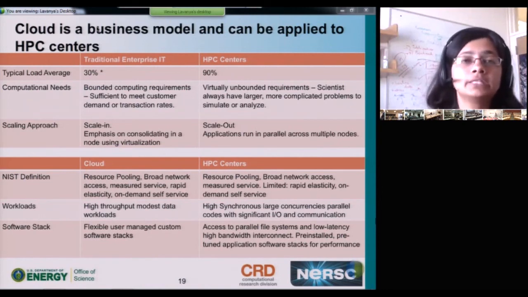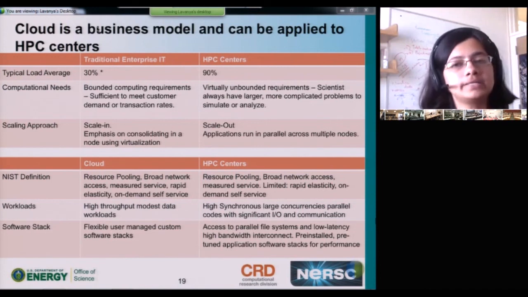It's true that there are some features of cloud that our users would like. They would like more control of their software stacks, but they're not restricted to having to be on virtual machines. They can be on bare metal, and we're looking at ways to provide some of these at our center here and use some of the technologies in slightly different ways from how they've been used.